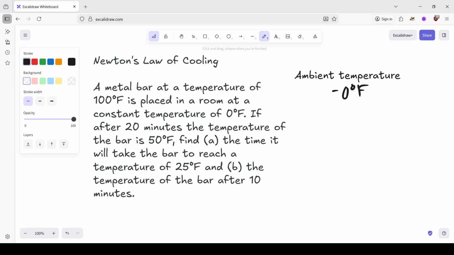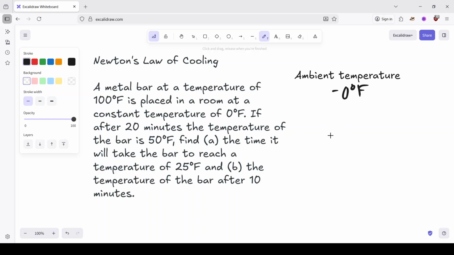Now, the cooling of a substance exhibits exponential behavior. Again, if the object is very hot compared to the ambient temperature, the cooling rate is fast. But if the temperature of the object is near the ambient temperature, the cooling rate slows down as well.